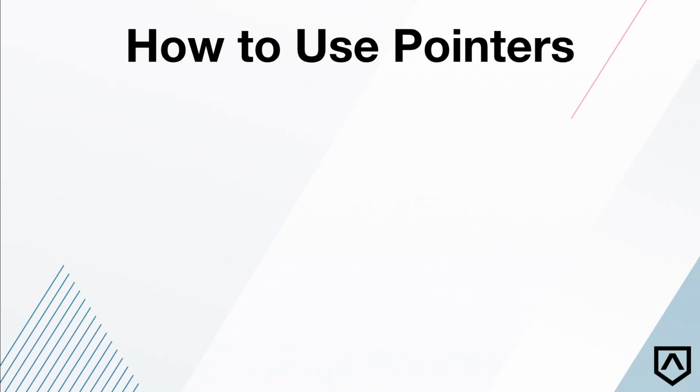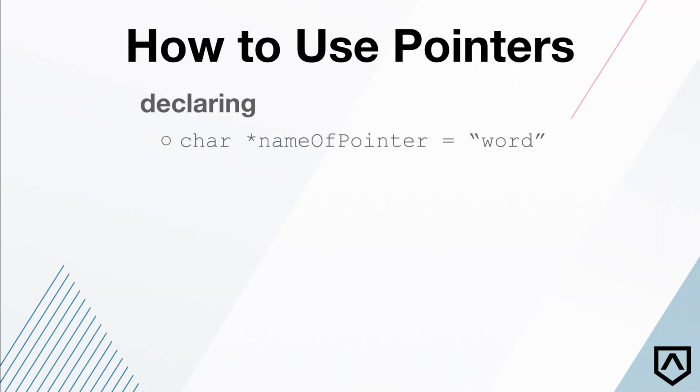So let's talk a little bit about, okay, we've talked about what a pointer is. It's a reference to an address rather than a value. We've talked about some different data types that typically require the use of pointers. So I want to look at a couple of examples now of just how to create pointers and some basic operations that we can do with them. First things first, to declare a pointer in C, the only thing that's really different is the use of the star, or the asterisk, when you are naming that pointer.